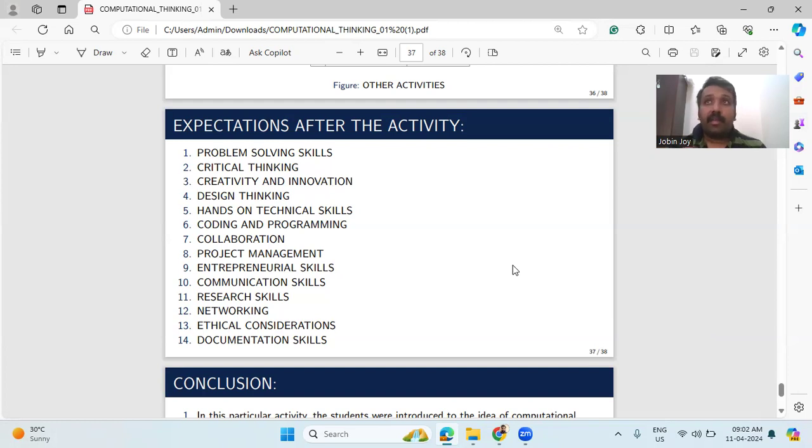Then networking. We are living in a social environment. So we should interact with each other. We should share our ideas with each other. We should share the solution of a particular problem to the outside world, so that customers will get the benefit.